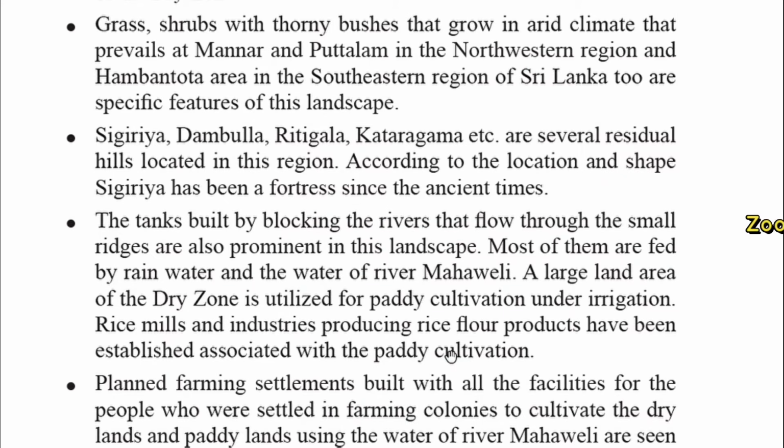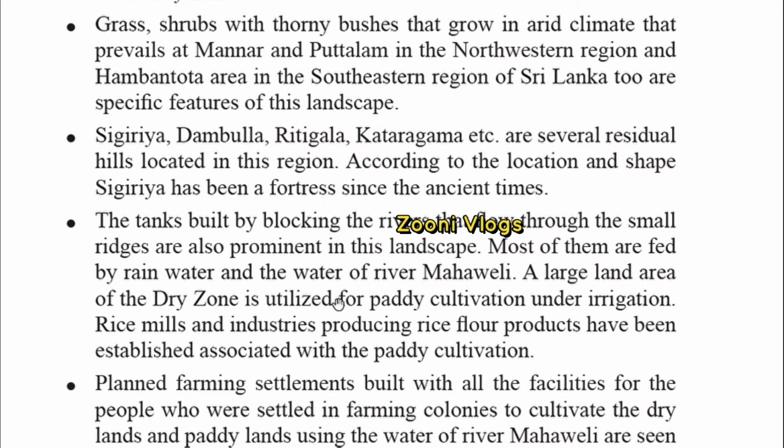A large land area of the dry zone is utilized for paddy cultivation because that's a dry zone. People get light showers of rain. They won't get heavy rains like the other areas in the country. So they wanted to collect water for their paddy cultivation.